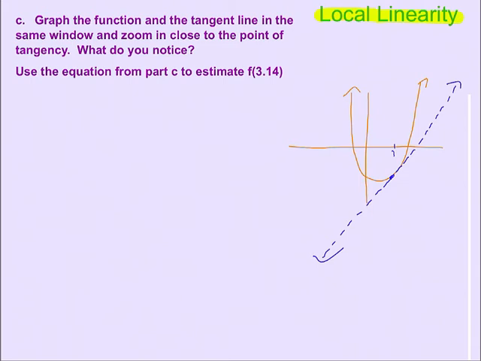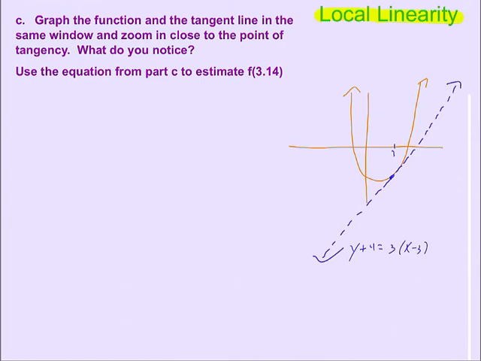And so one thing you can do with that is use the straight line, whose equation we just found, and it wasn't all that hard. Y plus 4 equals 3 times x minus 3. If I want to find f of 3.14, which is kind of an annoying number. It's not the end of the world if you have to do this, but plugging that into x squared minus 3x minus 4, that's annoying to square 3.14.